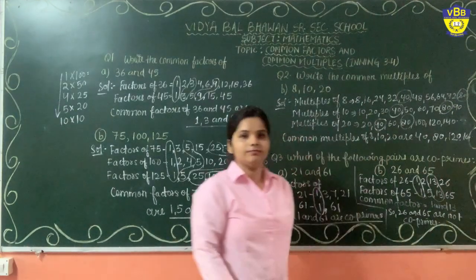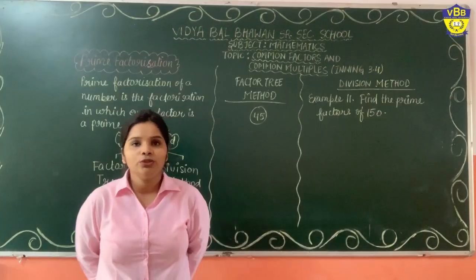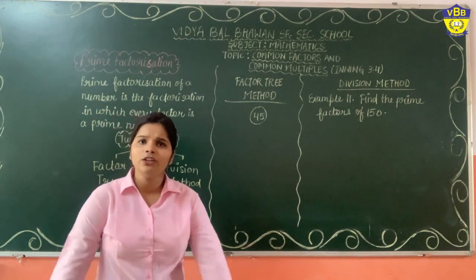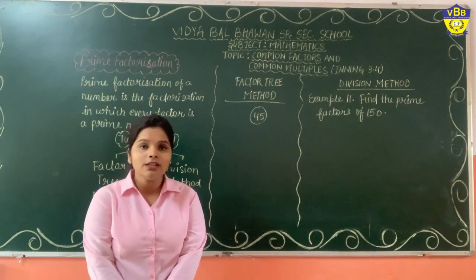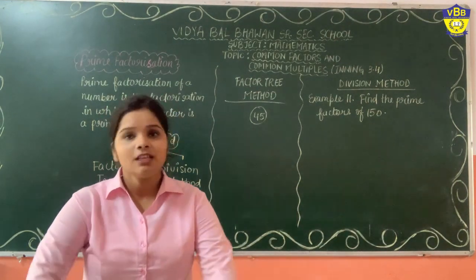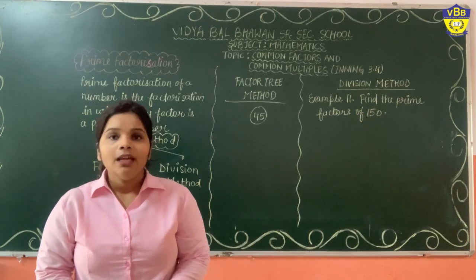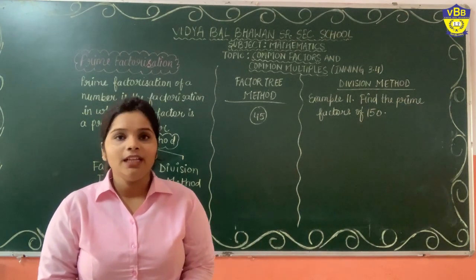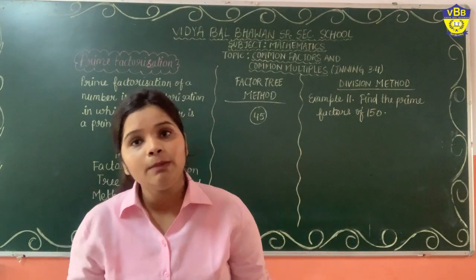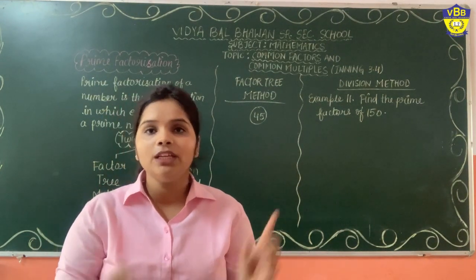That's it. Now move to the next topic, that is prime factorization. Now if I talk about prime factorization, it is like we have to list the factors only. But previously when we were writing the factors, we were writing all the possible factors of the given number.